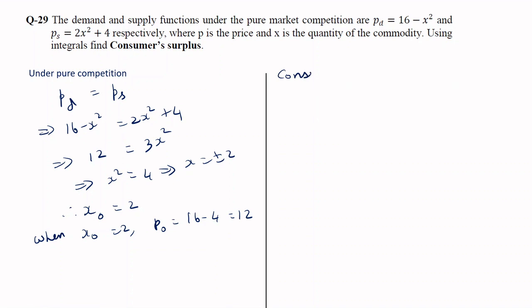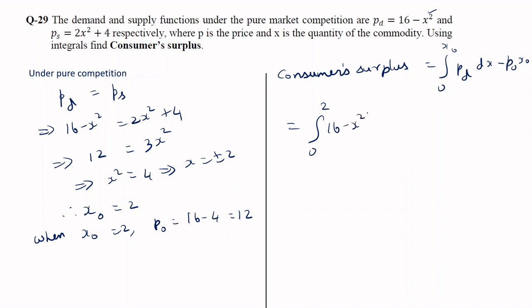So the consumer surplus is given by integral 0 to x naught demand function dx minus P naught x naught. So this is integral 0 to 2 of the demand function 16 minus x square dx minus P naught x naught, which is 12 into 2.